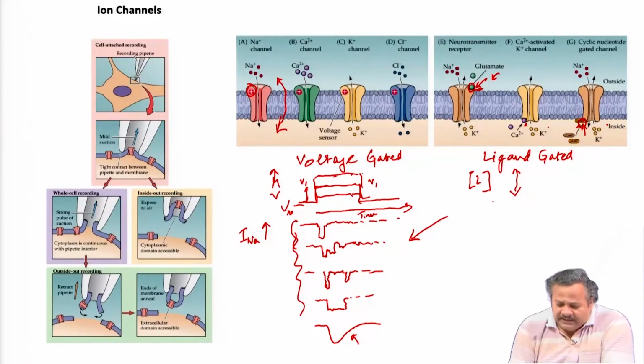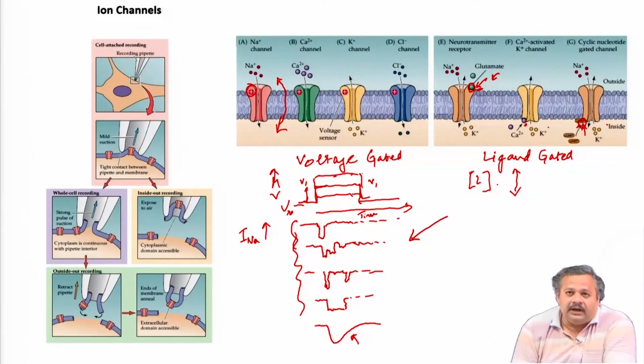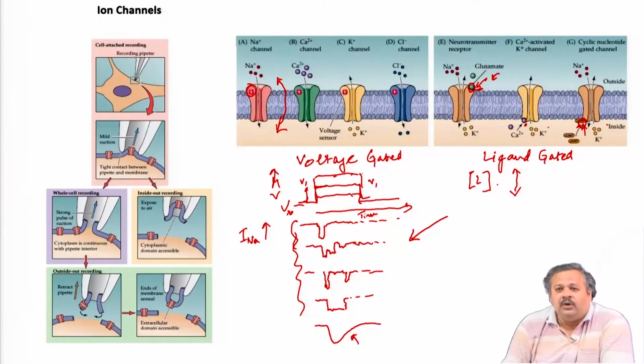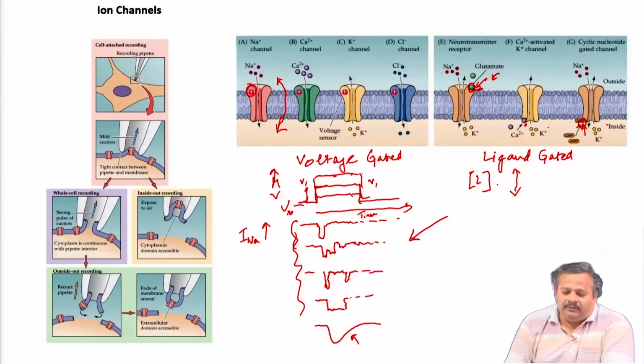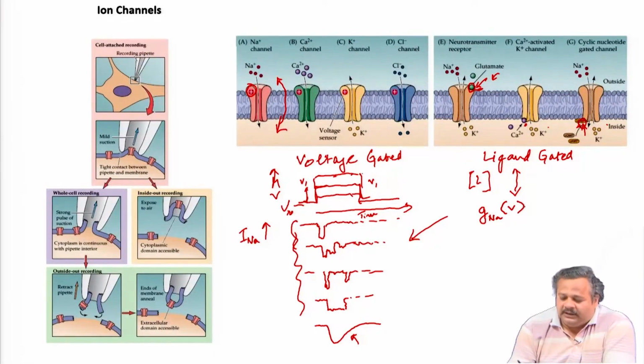So, essentially, as an electrical circuit element, when we talk about these ion channels, we will be replacing them by conductances. What we mean by that is, if we have sodium conductance, then we have this G_Na, which will be a function of V, and this function of voltage is the most important thing.